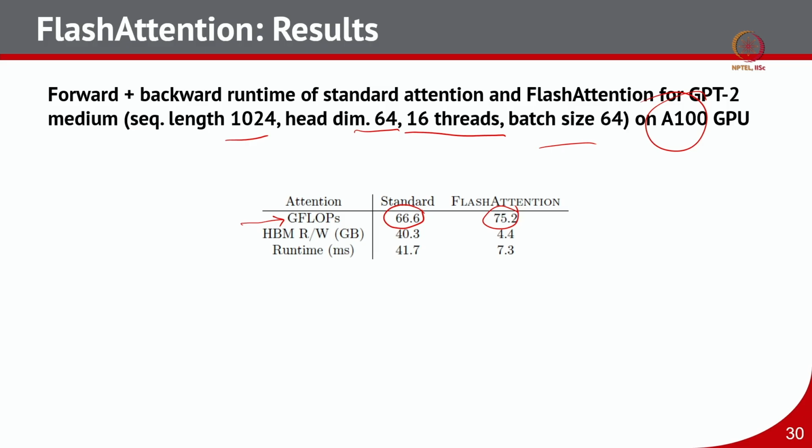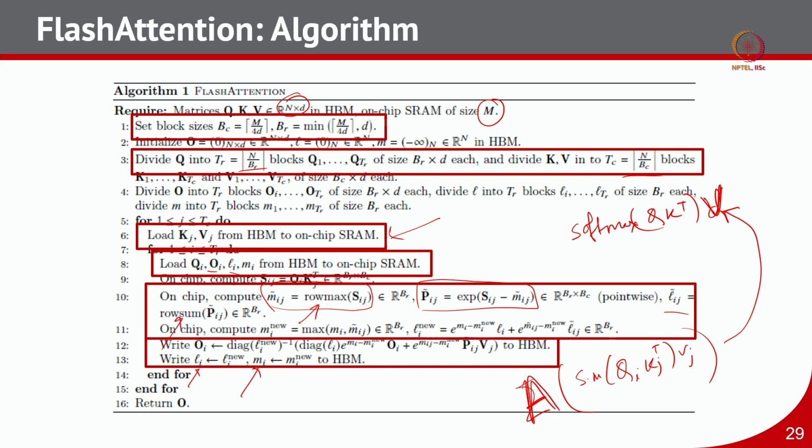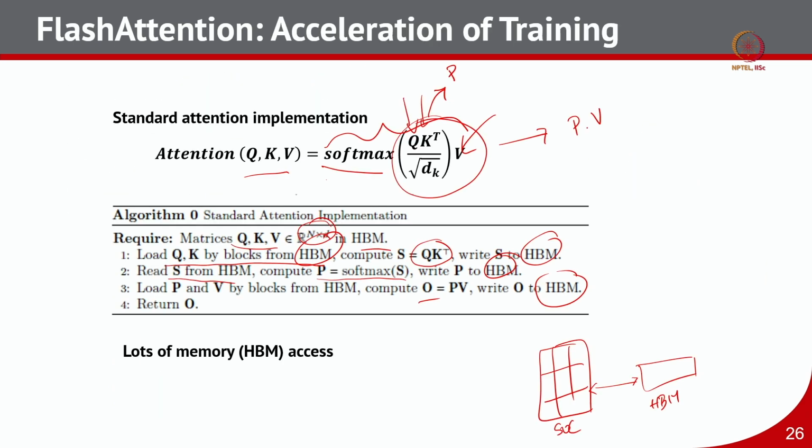Now, remember, in FlashAttention they do not need so many HBM accesses. If I go back to the algorithm, they just read once and write once. In the original attention algorithm, there were so many reads and writes from HBM.